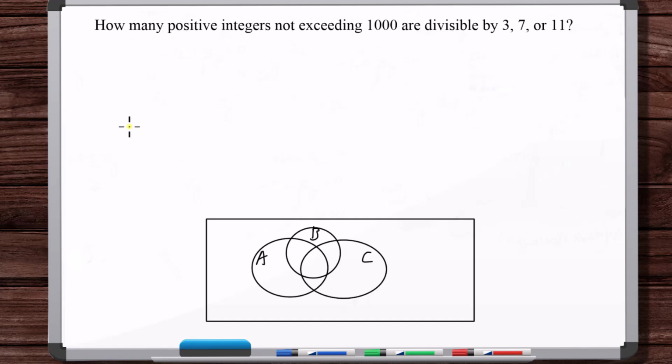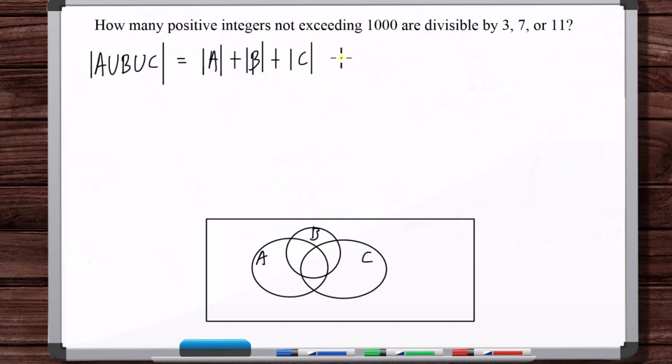So, okay, we can write this out. For A union B union C, the number of elements is the number of elements in A plus the number of elements in B plus the number of elements in C, then minus these pairs. There should be 3 of them: 3 choose 2.